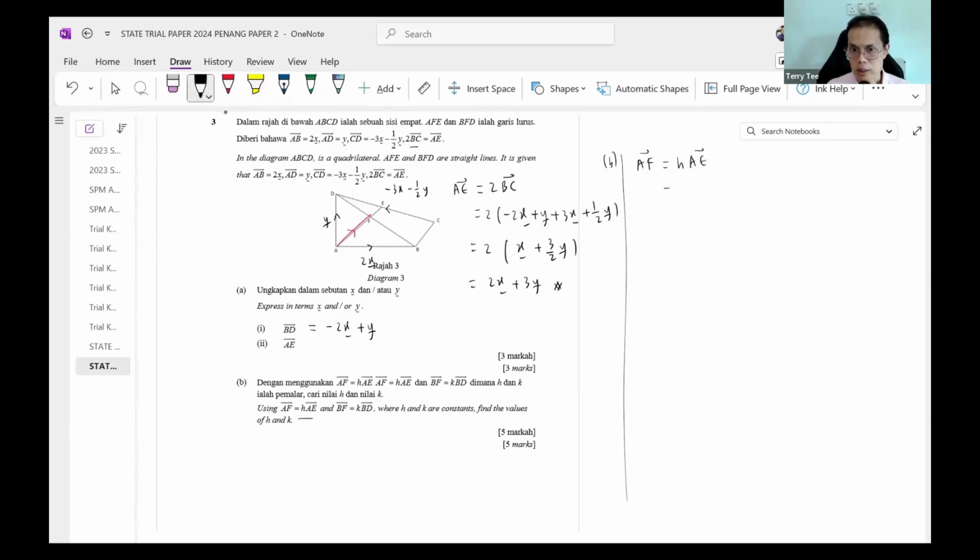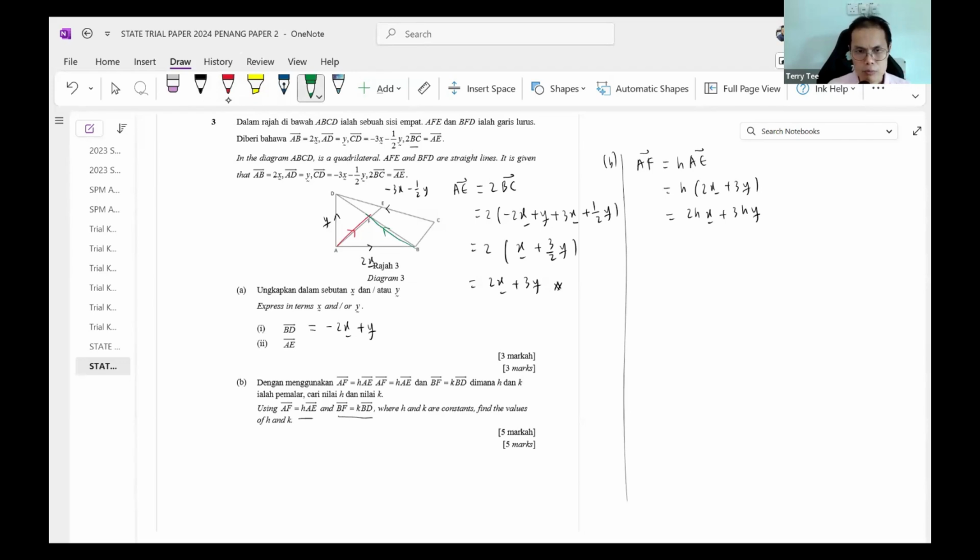We know AE is 2x plus 3y, multiplied inside: 2hx plus 3hy. Now let's work out the second piece of information. You're given BF is kBD. To go from B to F, you can go directly using this information, or you can go B to A to F.